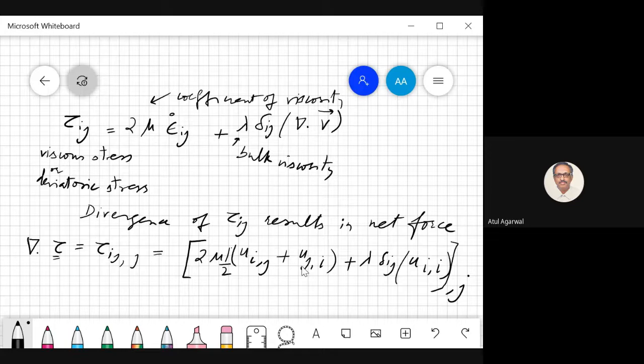This was our tau ij. So this viscous stress has two indices i and j, so both are represented here.